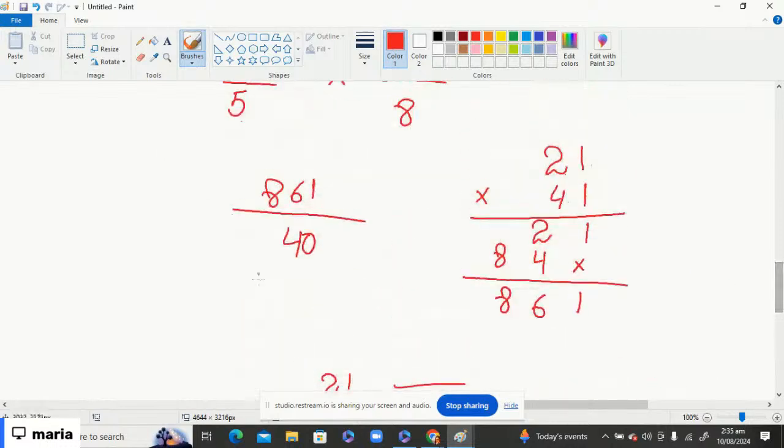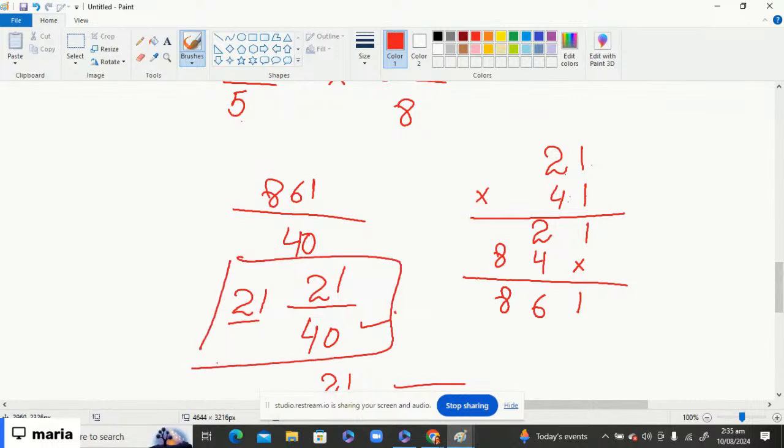So the answer is 21 and 21 over 40. This is a whole and this is a fraction, and combined we can say that it's a mixed fraction. Okay, you understand it? All right, let's do the next question, then you will be more clear on how we get these kinds of questions.